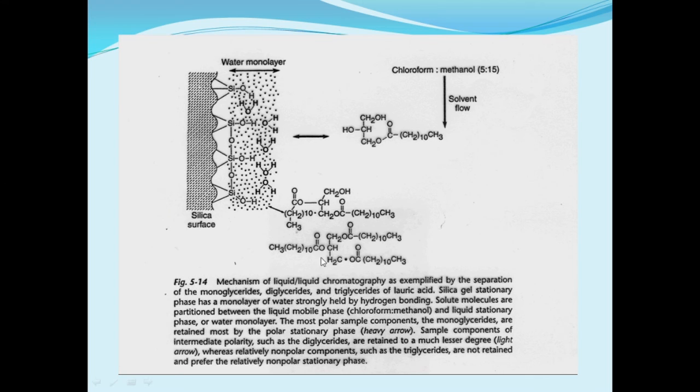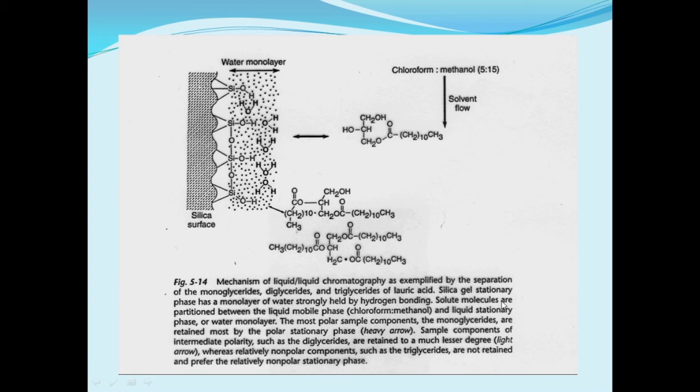Here is the mechanism of liquid-liquid chromatography, that is partition chromatography, as exemplified by the separation of the monoglycerides, diglycerides and triglycerides of lauric acid. Silica gel stationary phase has a monolayer of water strongly held by hydrogen bonding.